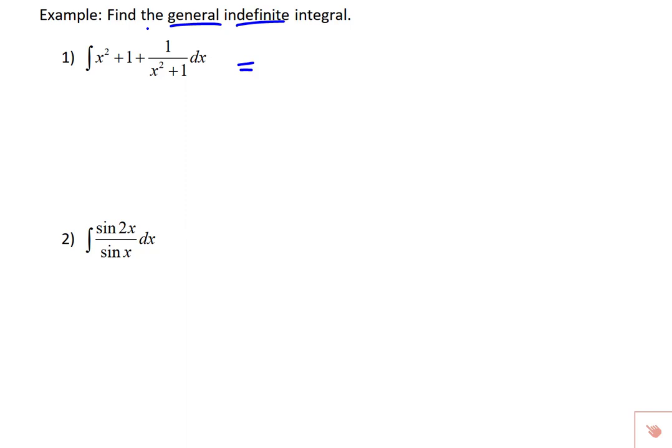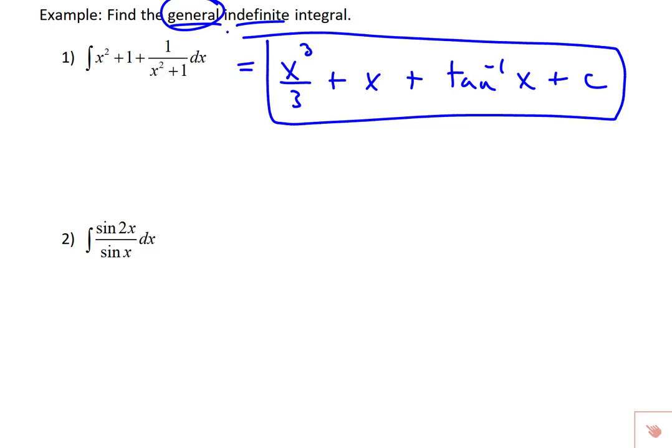So we'll use what we already know: the first term becomes x cubed over 3, the second term will be just x, and the last term would be arctan, or tangent inverse, of x. And then if we want the general indefinite integral, we should put a plus c at the end to make that the general arbitrary constant, as we've been used to doing in the antiderivatives.